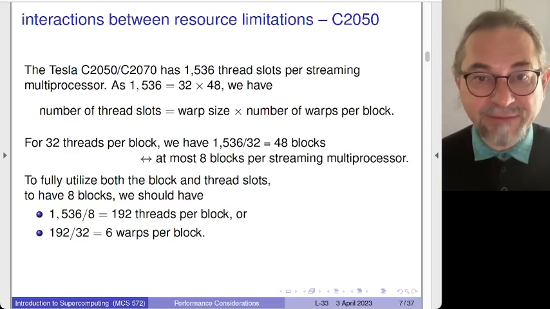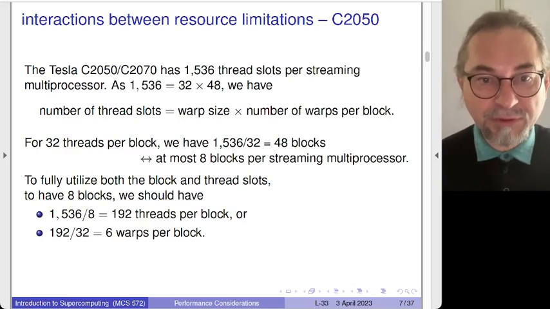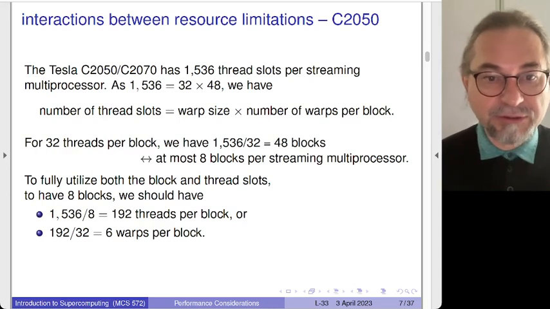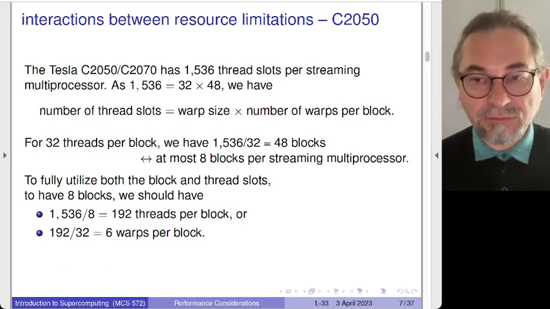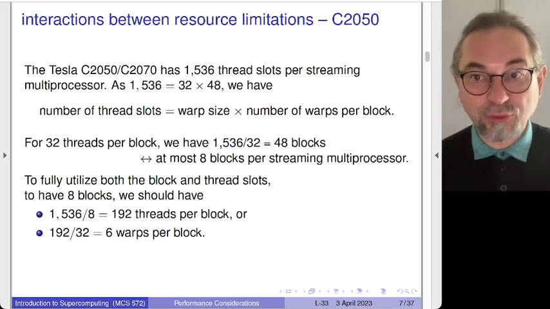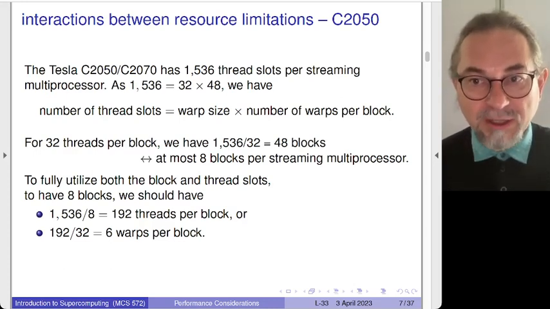So in order to have 8 blocks per streaming multiprocessor, we could have 192 threads per block, or 6 warps per block. And that is regardless of your subdivision, if you use, for example, a multidimensional grid computation, you actually get quite quickly to the 192.